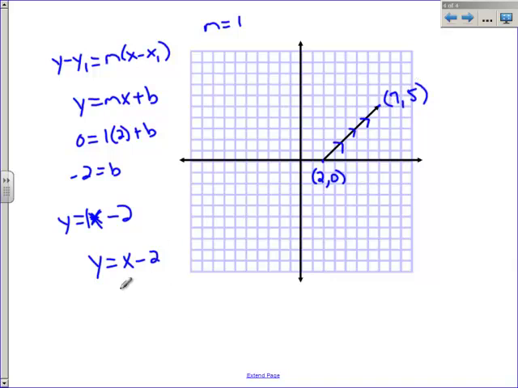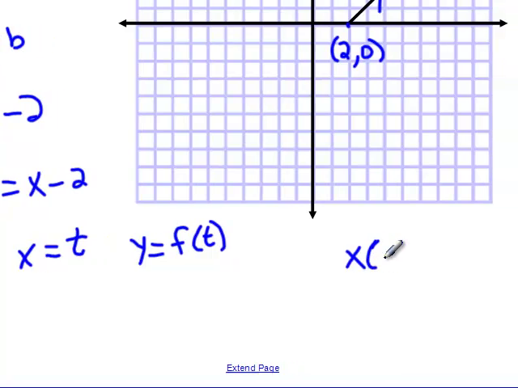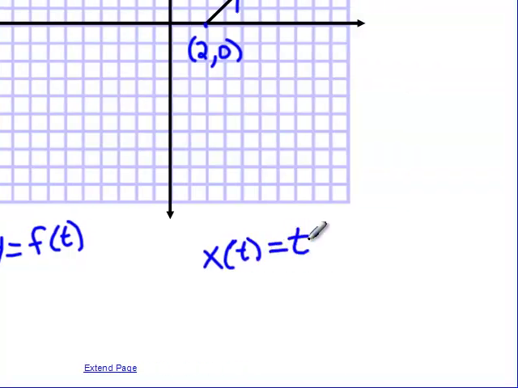So an easy way to do this is let x equal t, and then let y equal the function with t in it. So for this example, my equations would be x of t equals t, and y of t equals t minus 2. All I did is replace that x with t. Then I'd have to figure out what values for t would get me to 2, 0 and to 7, 5.